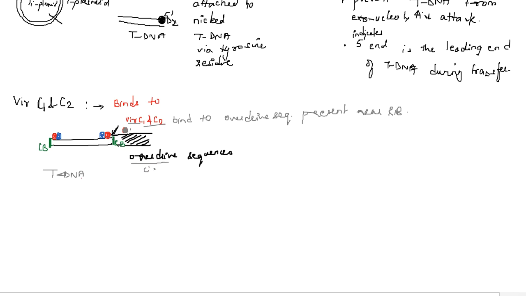This overdrive sequence is a cis element, and binding of C1 and C2 to it is required because it helps in efficient T strand transfer. Understood? Where are they located? What is the role of C1 and C2?